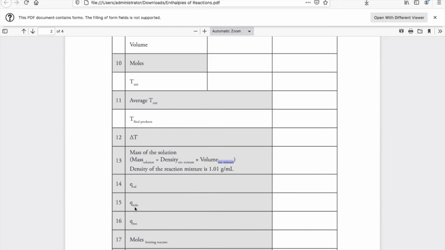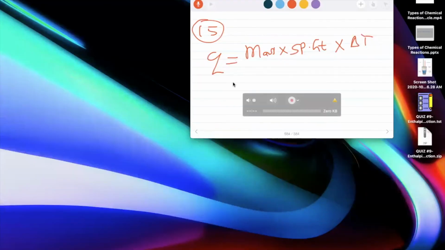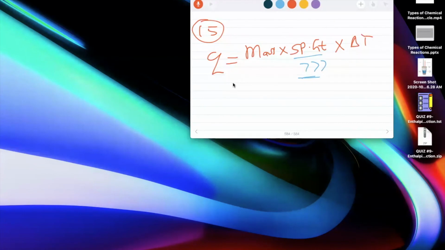Then line 15, it is the Q, the mass times the specific heat times change in temperature. Let's just see the equation here. For this part right here, you are not given the specific heat, just like in section 5.2, where you are given the specific heat of salt number 1 and salt number 2.